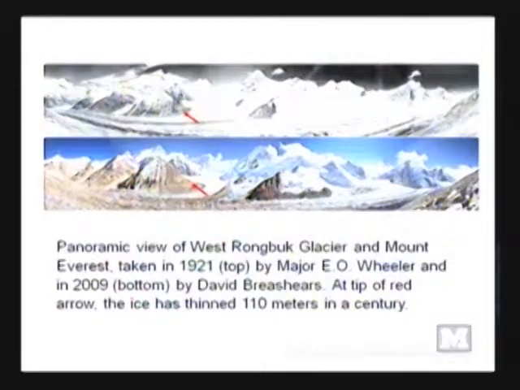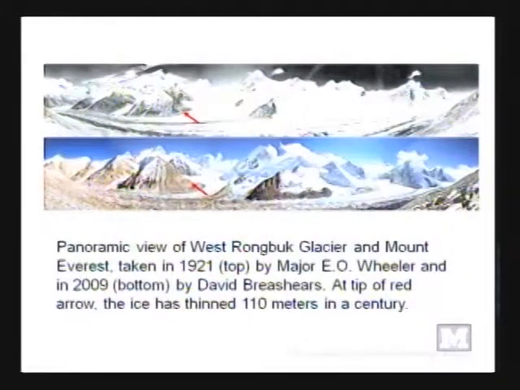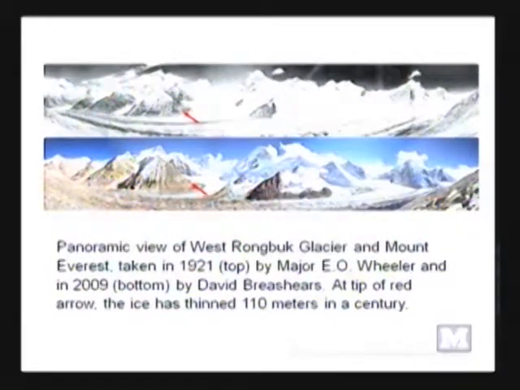And of course, you can visually see that there's been a retreat of the ice, but what you don't quite appreciate is the thinning of the ice as well. The red arrows are pointing to exactly the same place. And the lower one shows that the ice is further down the hillside now, and about 110 meters of thinning of the ice in just this last century.